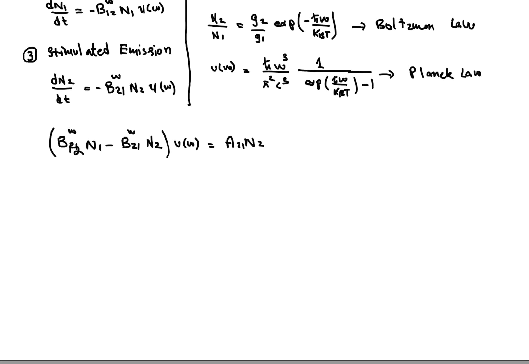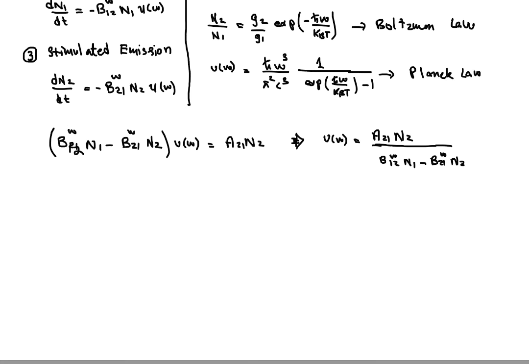Further, what we can do is write u of omega equals A21 N2 divided by B12 omega N1 minus B21 omega N2.